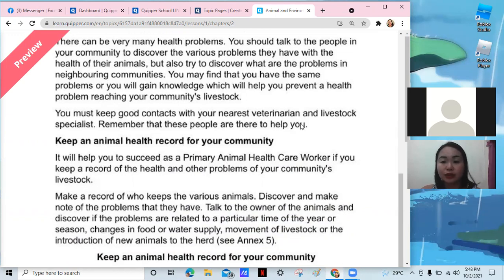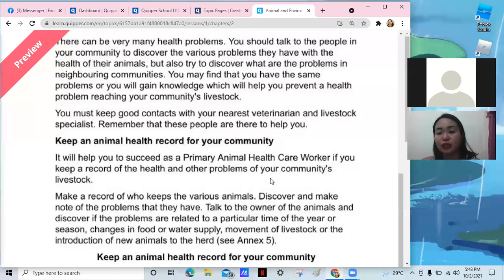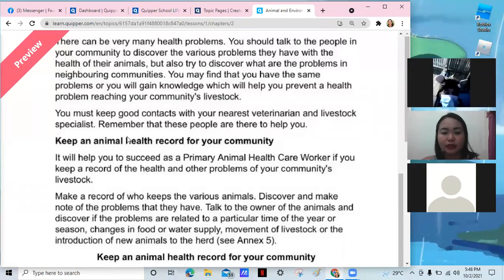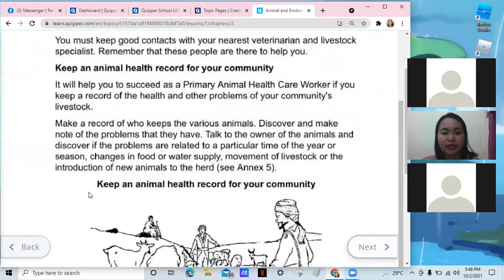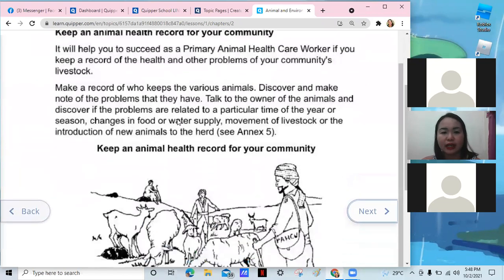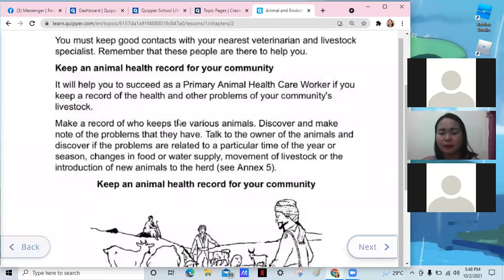You should know who the veterinarians are in your city, your surroundings, or your community, so they can help you with this. And also, you should keep an animal health record for your community. Not really necessarily, but if you are a health worker or animal caregiver, it's better to have a health record, but at least knowing them, you can immediately remember, because not everyone does this.